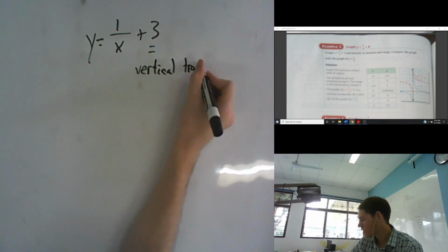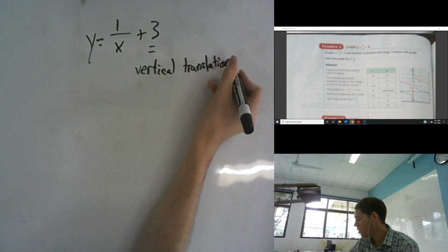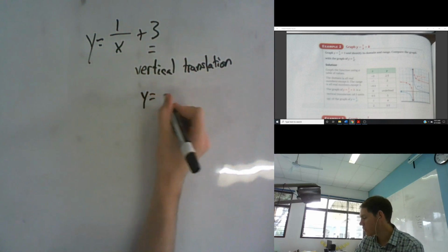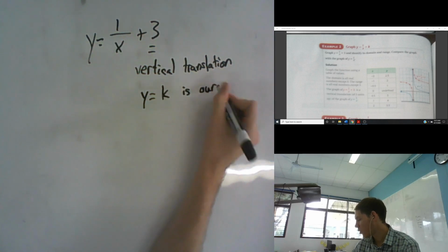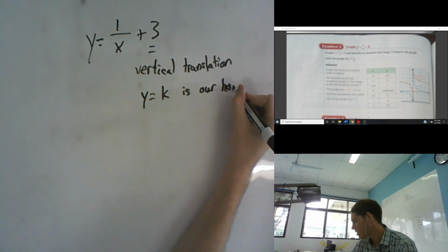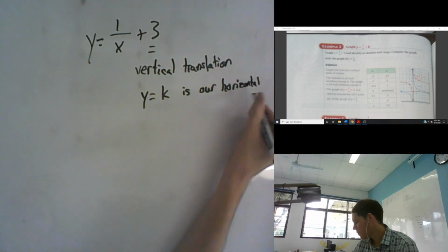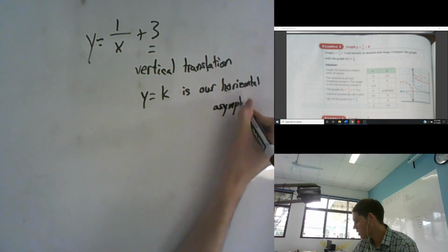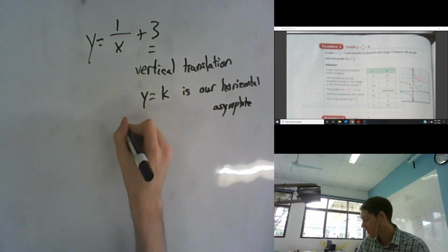And what it's also going to do is, this k, y equals k, is our horizontal asymptote. And asymptote just means we're not passing that line. We're not crossing that.